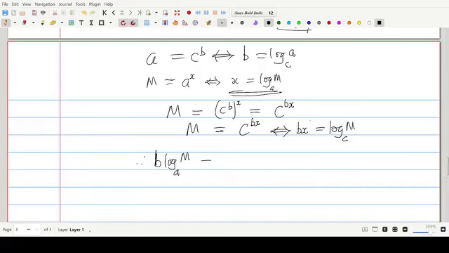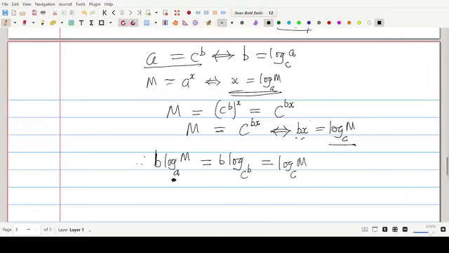All right, and this can be written as b multiplied by log to the base, now our a is already defined to be c to the power of b, so I can put c to the power of b. We can see that because this is bx and this is my x already, so it equals log to the base c of m.